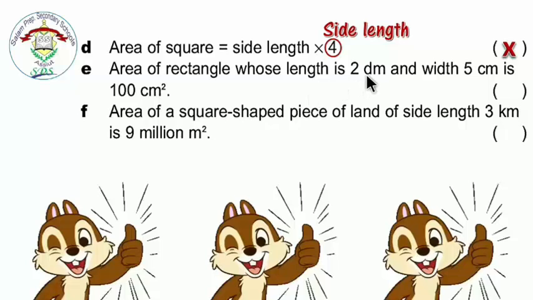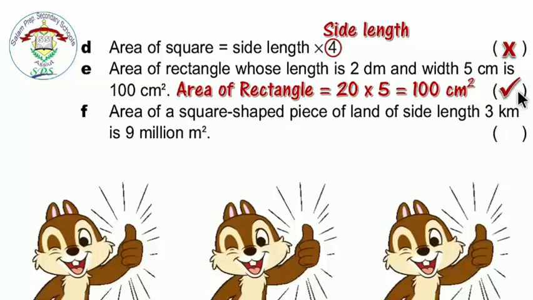So 2 decimeter equals 20 centimeter. We know the area of a rectangle equals length times width. 20 times 5 equals 100 square centimeter. That's true. The last one, area of a square-shaped piece of land of side length 3 kilometer is 9 million square meter.